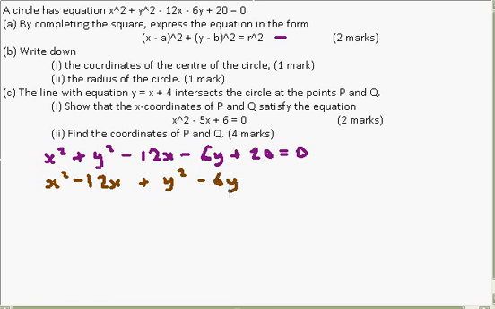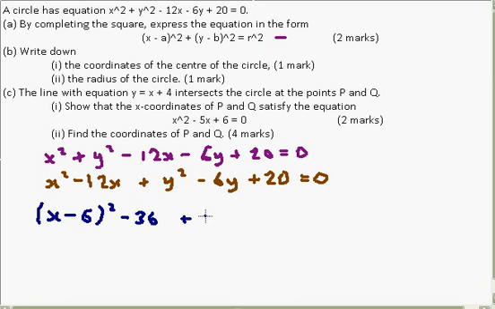Now you don't have to do this, but I just find it helps me, equals 0. Okay, so I'm going to complete the square on this section, x squared minus 12x. So I'm going to get x minus half the coefficient of minus 12, which is minus 6, all squared. Now this will give me x squared minus 12x plus 36. So I've got to take 36 away, because all I want is this bit.